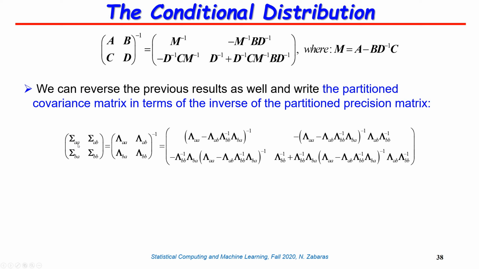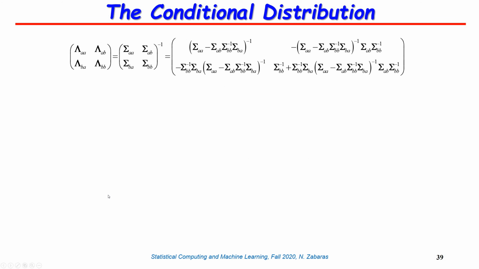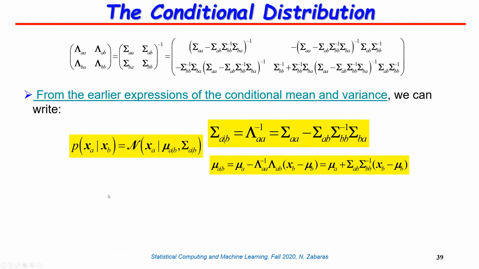Then you can write that sigma AA, for example, is equal to this inverse, or sigma BA is equal to this matrix, etc. A few slides earlier, I gave you the results for the conditional distribution of XA given XB in terms of the precision matrix, but now you can see that lambda AA inverse is sigma AA minus sigma AB, sigma BB inverse, sigma BA, which is what I have here.